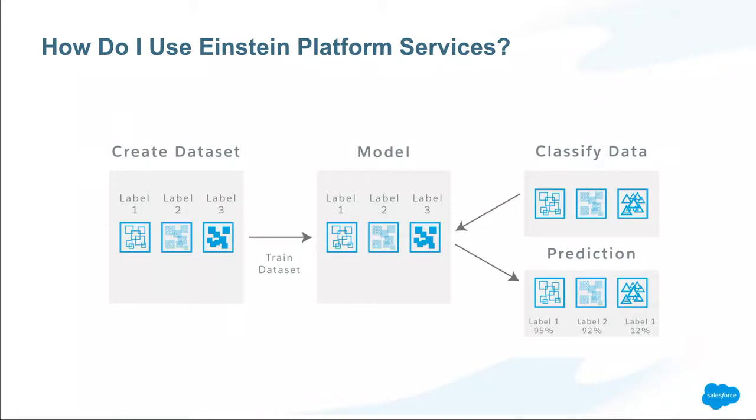From there, with that labeled data, you upload and train, and we'll go into how that works programmatically. From there, you generate your models, and you can create one or more models, and those models will be what you use to do the different types of predictions that you want.